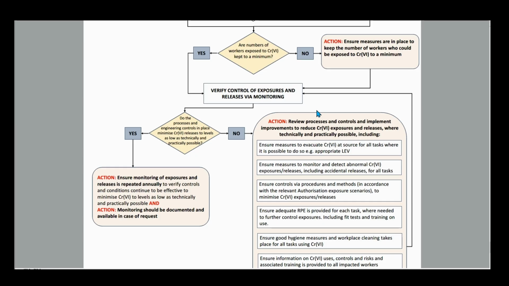This can be an iterative process until you reach the conclusion that hexavalent chromium releases are minimized to a level as low as technically and practically possible. From that point, you follow an annual routine for monitoring of exposures and releases to verify the controls and conditions continue to be effective. This was the flowchart on hierarchy of controls.